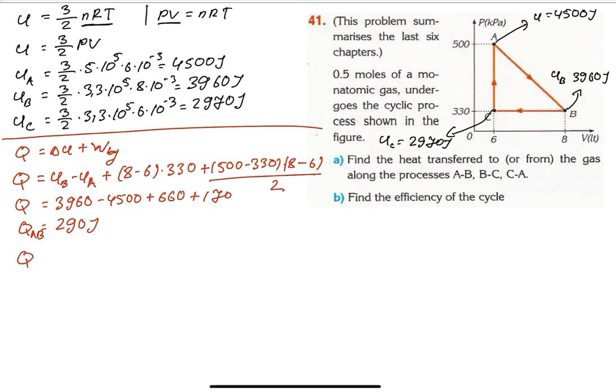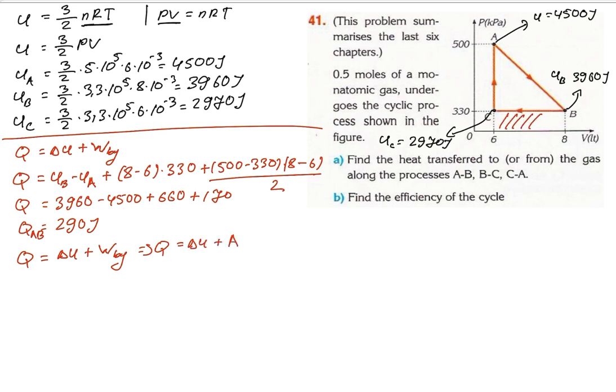Again, we apply the first law of thermodynamics, which is Q is equal to delta U plus work done by the system. But here, instead of work, I will put the area again, and it will be just easier. So Q is equal to delta U plus the area.